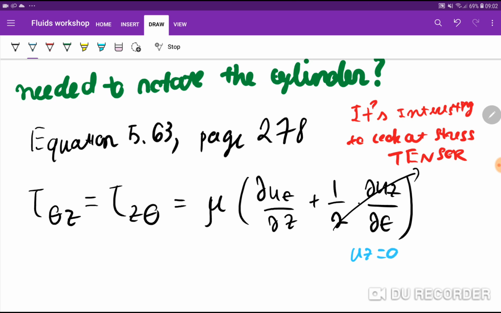The second term cancels out as well because remember, u theta is not a function of z, it's a function of r. Therefore, the partial derivative of u theta with respect to z equals 0. So this stress component equals 0.